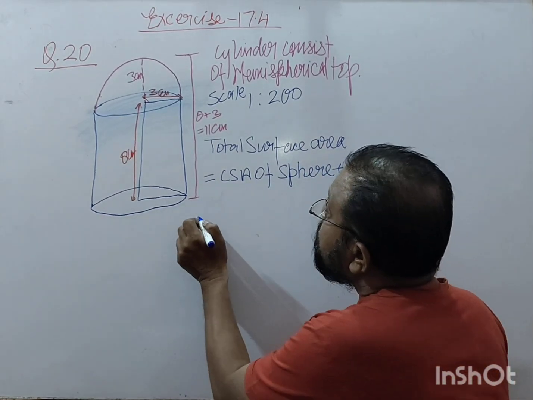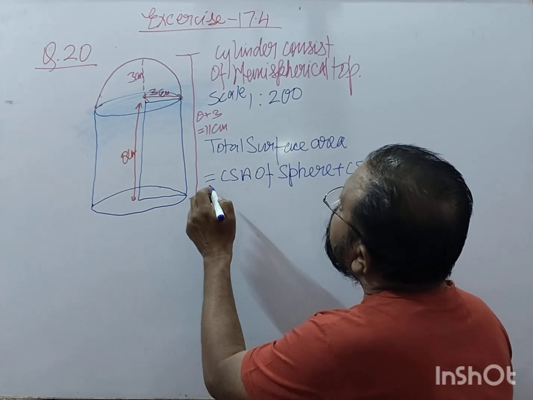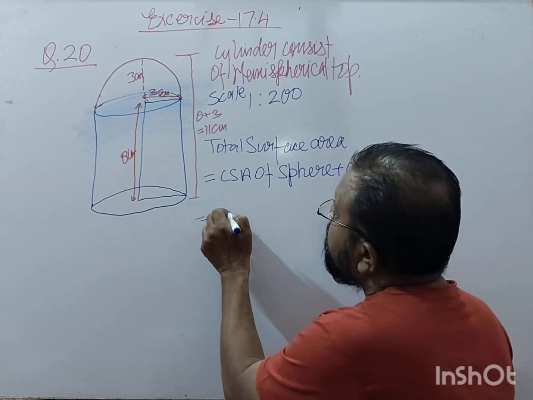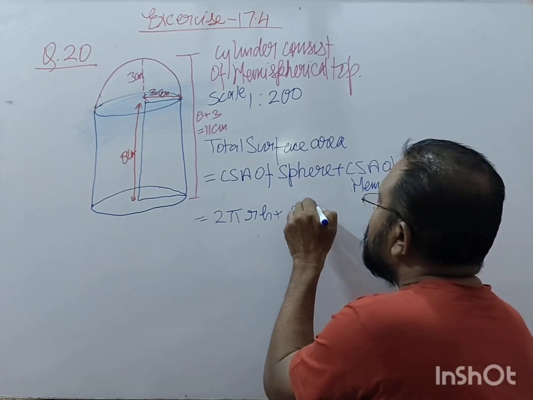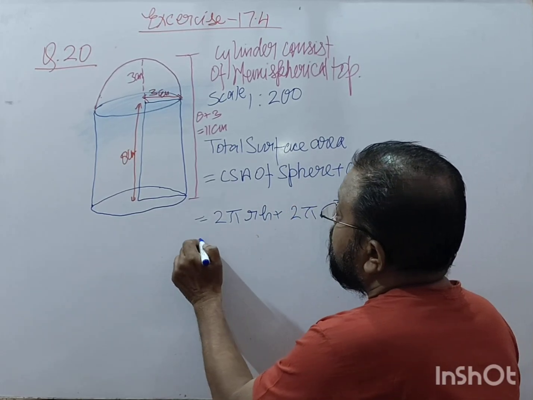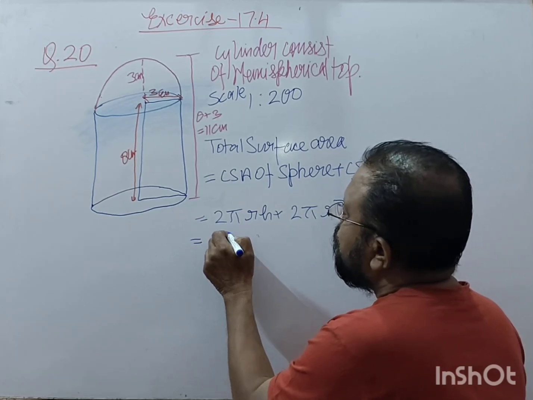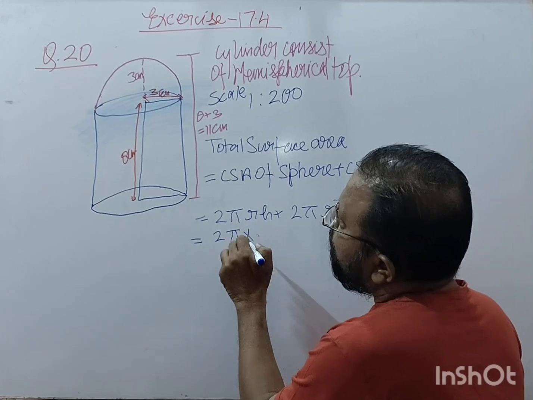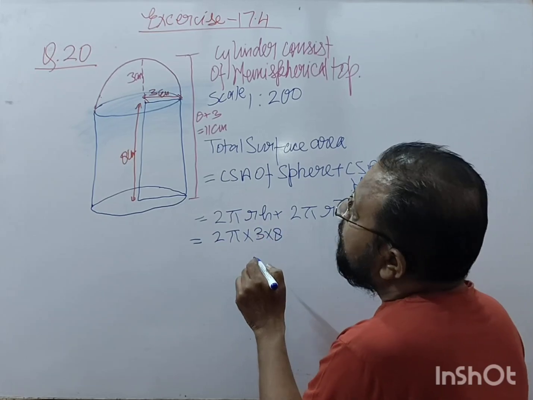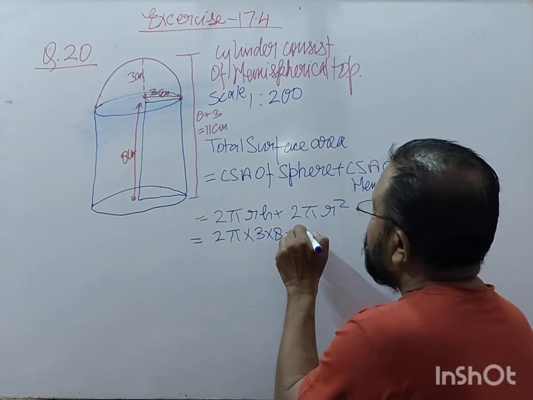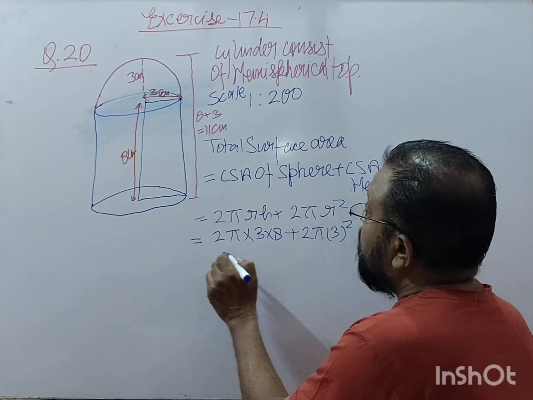So it becomes 2 pi r h plus 2 pi r square. It becomes 2 pi into r is 3 into h is 8, plus 2 pi into r is 3, whole square.